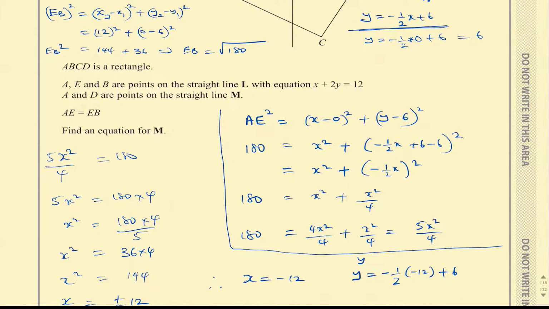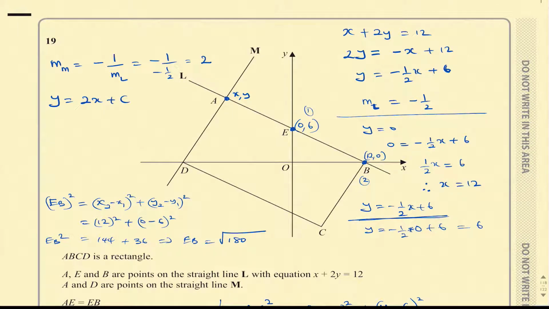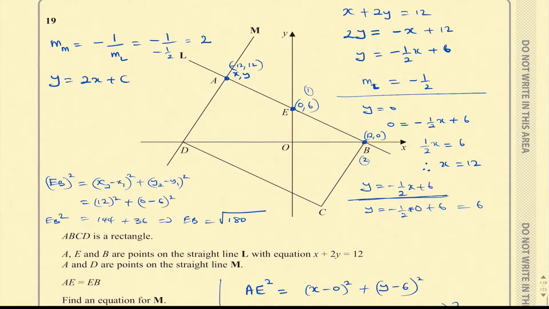I'm using y equals minus a half x plus 6. Minus times minus is plus, divided by 2 is 6. That will be 6 plus 6, and therefore y equals 12. So now this coordinate x and y is minus 12 and 12. That's what we've just done.